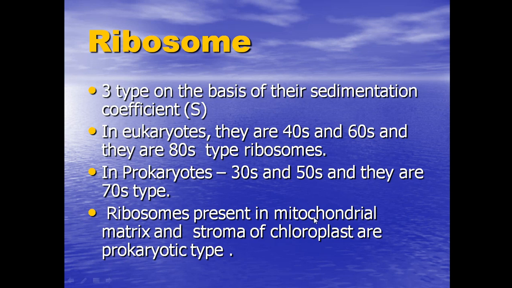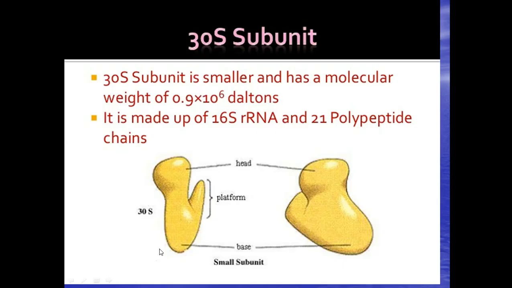The cell being eukaryotic should have 80S ribosomes. Of course, all the ribosomes in the cytoplasm are 80S. But the ribosomes found inside the mitochondria or chloroplast are 70S. So that's why it is called prokaryotic type.